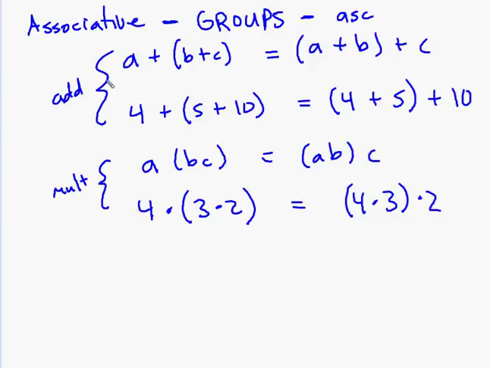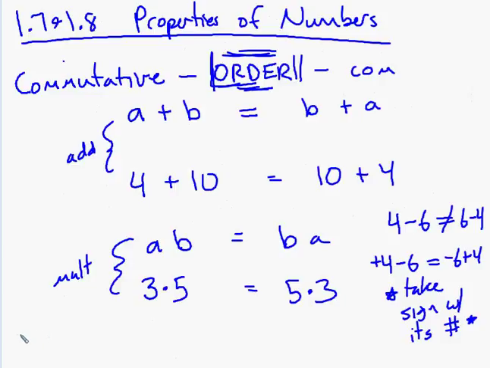Now you might be thinking, what do I need these commutative associative properties for? Well, associative we'll get to a little bit more when we're doing combining like terms, but the reality is it helps you to do mental math faster. So like, for example, now this actually would go to the commutative property. So I'll go back to the commutative property. If I was doing 4 times 10 times 3.